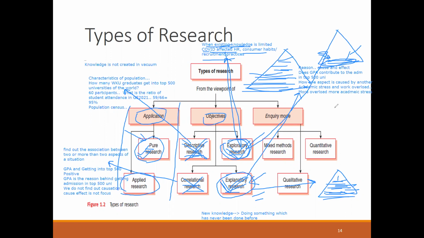It will be very difficult to build upon the existing knowledge when it is very limited. But in explanatory research, the existing knowledge is quite sufficiently built, so you just need to find the gap and fill it. In exploratory research, the gaps are so many, and you need to lay down the foundation because it has not been laid before.